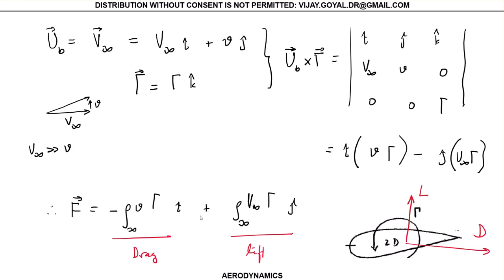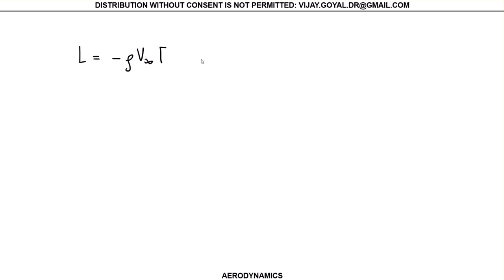Now, before we move on, I want to fix a couple of ideas here. One of the first ideas is that your lift is in general equal to this expression, and the big question is why we are using a negative sign when we got a positive sign here. There are a couple of ways to look at this. First of all, we engineers typically use this counterclockwise direction for ds, and that will give L equal to minus rho V infinite gamma.